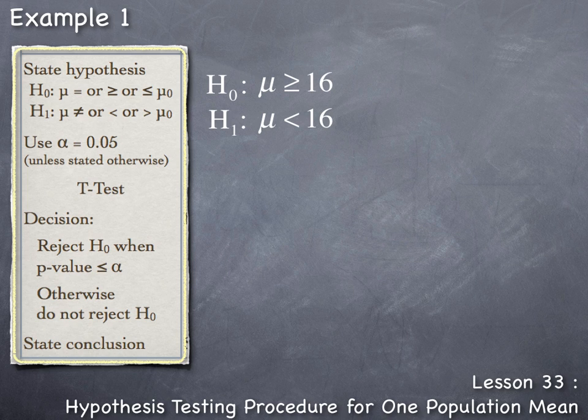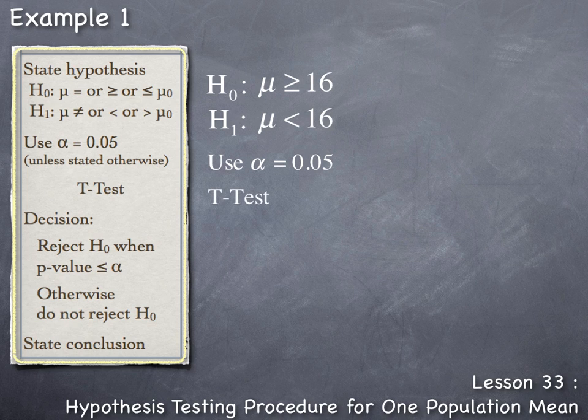In this case, Professor Sullivan's hypothesis is included in H1, where mu is less than 16. So Professor Sullivan's hypothesis is valid if H1 is valid, and not valid if the opposite idea, H0, is valid. Now that we've set up the statistical form of the hypotheses, we then select alpha, the level of significance. Here, we're using the customary alpha of 0.05.